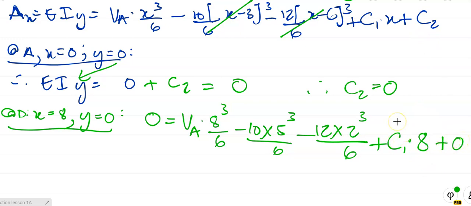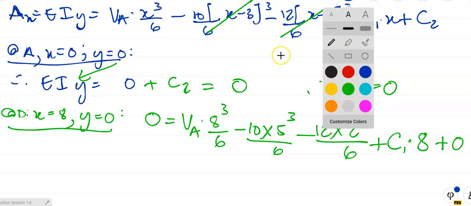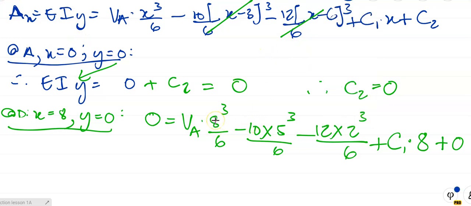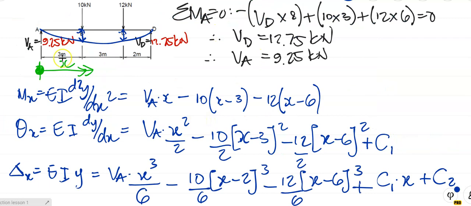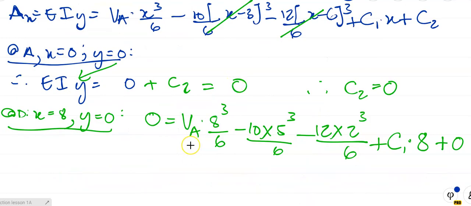From here we can work out what C1 is equal to. Do the calculation and check mine before you continue. Alright people, I'm going to write these values out. Let me change the color here. What's VA equal to? VA is equal to 9.25. So that will be 9.25 times 8 cubed over 6. If we work it out, it will be equal to 789.33.